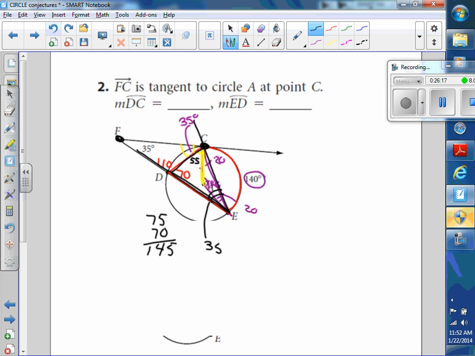I'm doing DC. I was doing DE and then you just subtract it from 360. Either way, I used part of yours and I thought you were going there, so I apologize for that. This would be 35, so double, which is 70, and then subtract to get the rest.